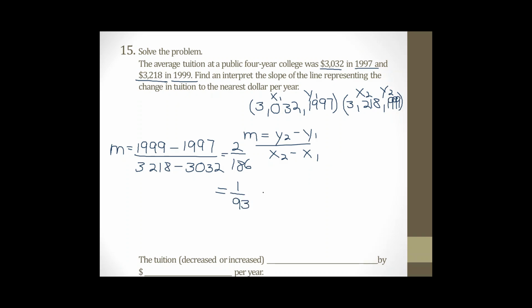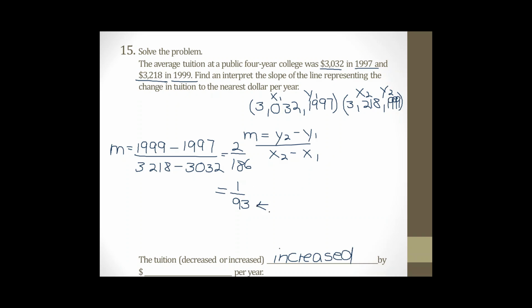Okay, so now they want me to interpret this slope based on this problem talking about tuition. Because I have a positive slope, that means increased. Increased is positive and decreased would mean negative. So a positive slope should be increasing. And by how much did it increase per year? The top part gave me the year, and it's 1 year, so per year.